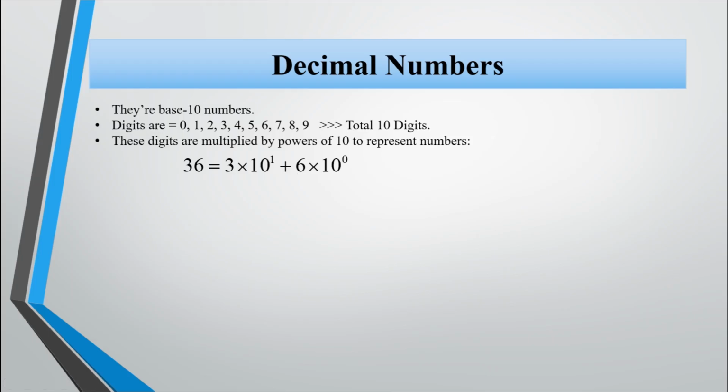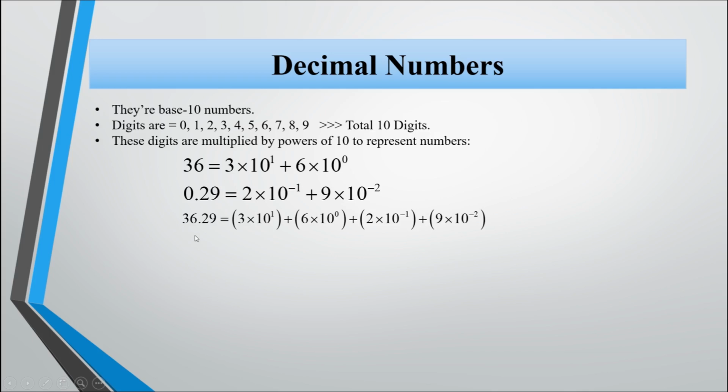If we want to talk about fractions in decimal numbers, we have 0.29, which is a 2 multiplied by 10 to the power of minus 1, which is 1/10, plus 9 multiplied by 10 to the power of minus 2, which is 1/100.